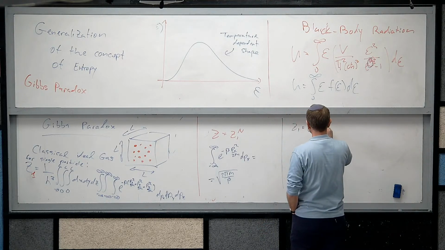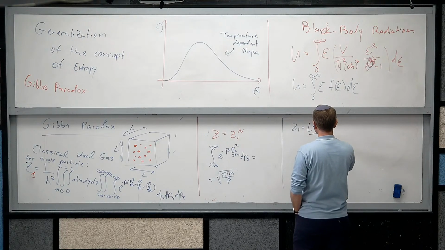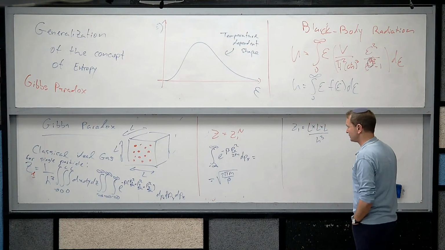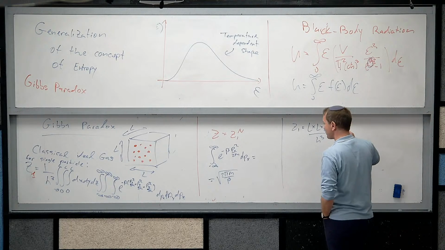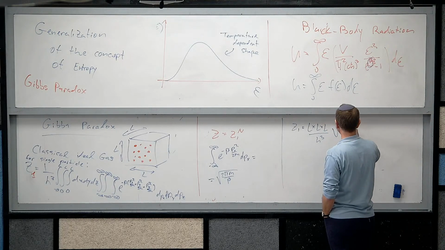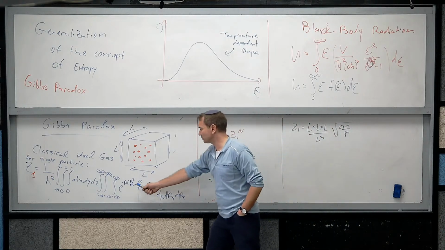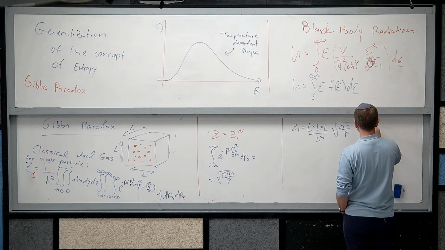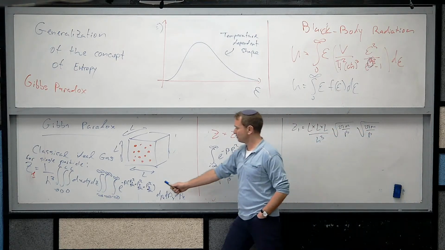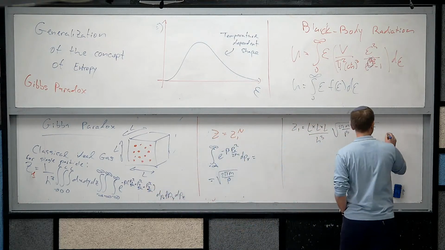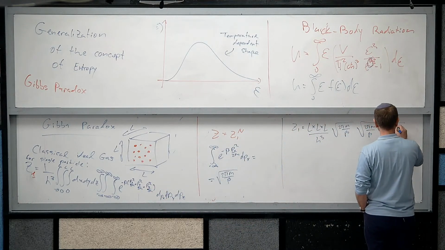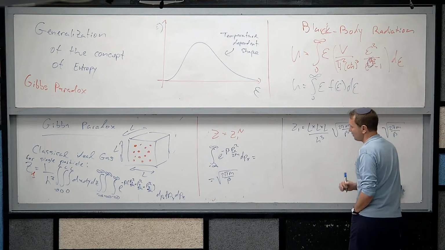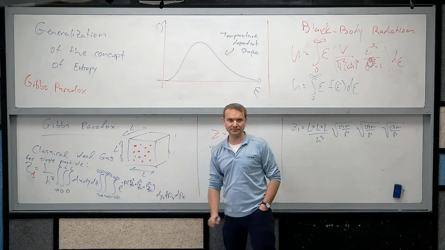L cross L cross L divided by h to the third power, and I have a square root of 2 pi m divided by beta from integration over px. I have a square root of 2 pi m divided by beta from integration over py, and a square root of 2 pi m divided by beta for integration over pz.